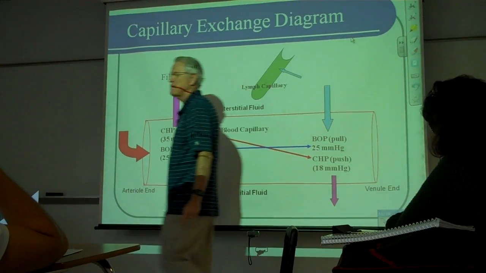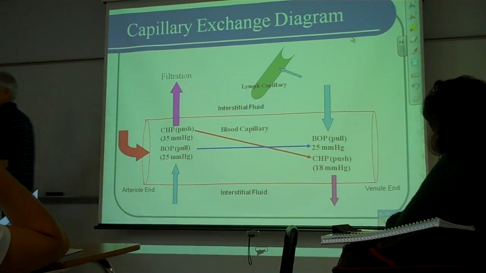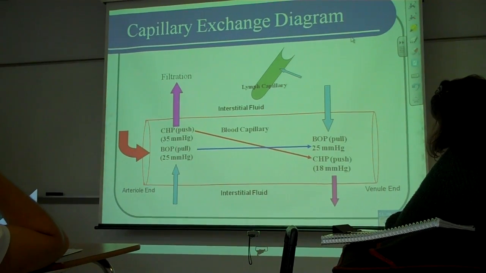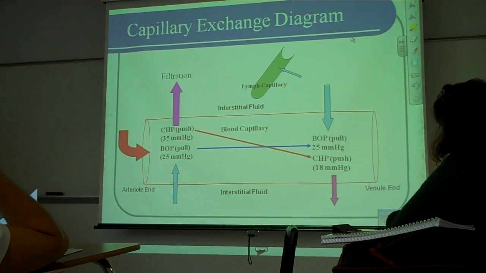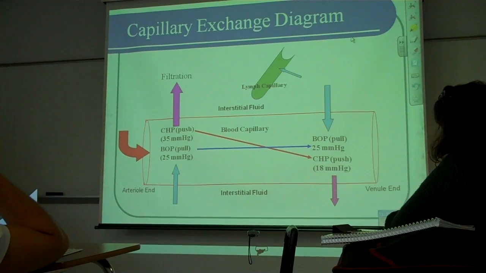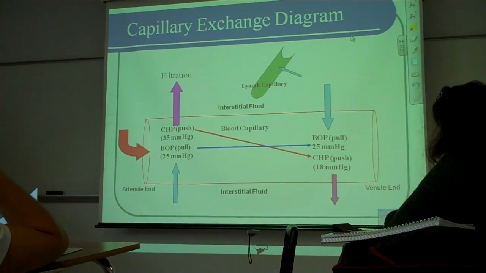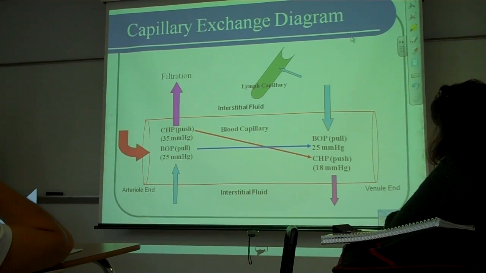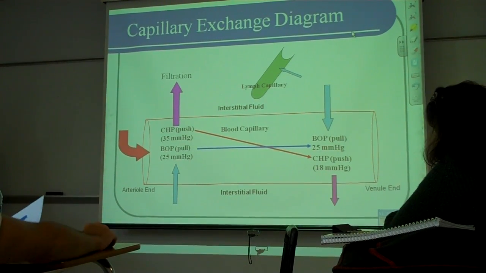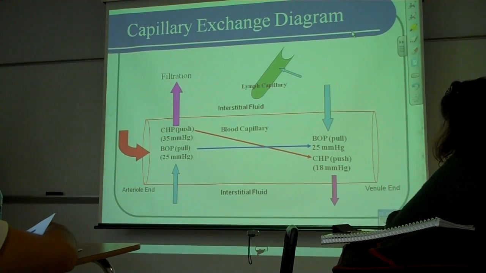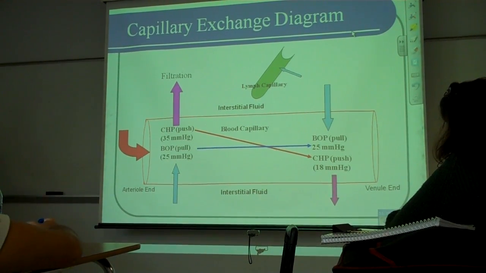Yes? This is just my thinking, which is why I got confused, but the BOP stays the same because it's the main osmotic pressure. Does the CHP change because it's going from a continuous to a fenestrated side of the capillary? Well, there are a lot of effects that could affect that, such as the permeability of the capillary, how much fluid is coming out, and so on. But the main thing is just the fact that it's meeting resistance as it's going through the capillaries.